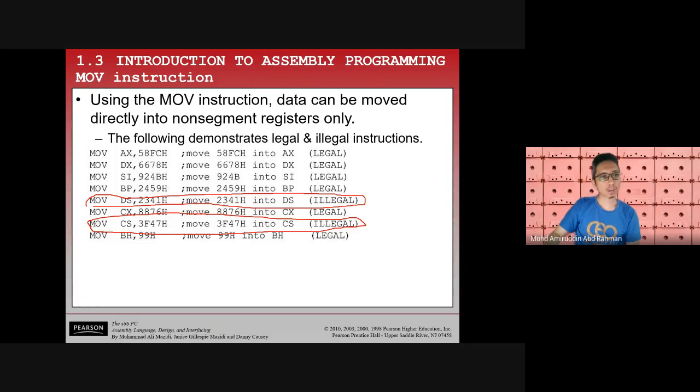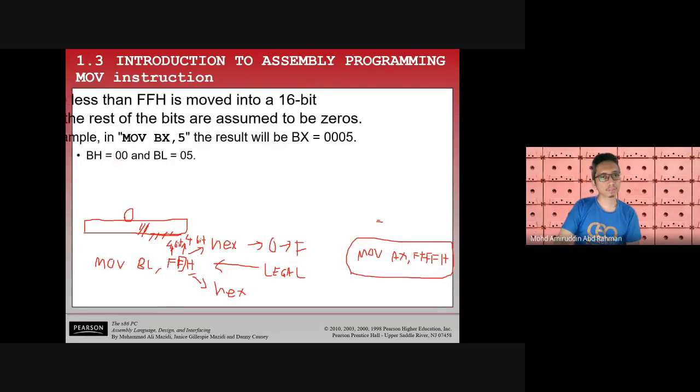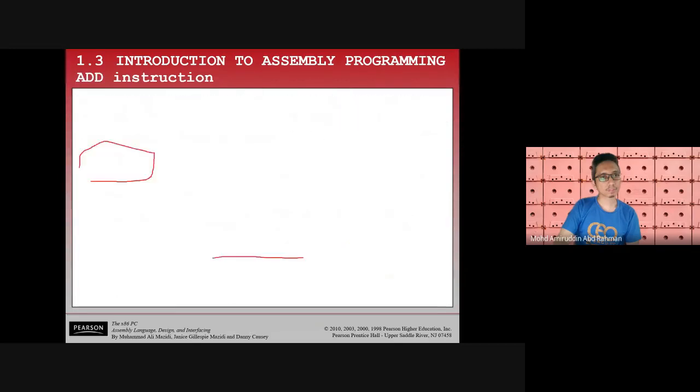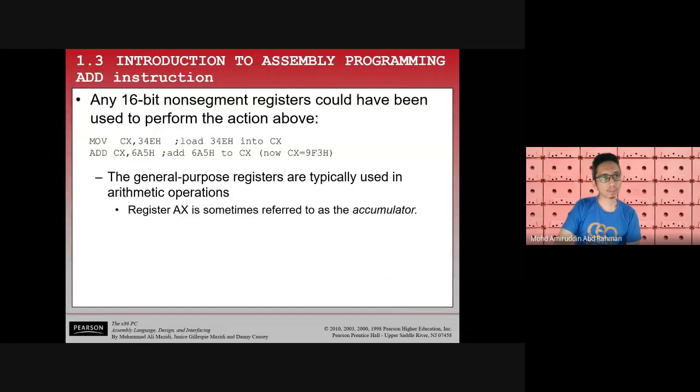So for example, you have general register AX and DX. SI is the index, so this is the pointer register. CX and BH are also general registers.